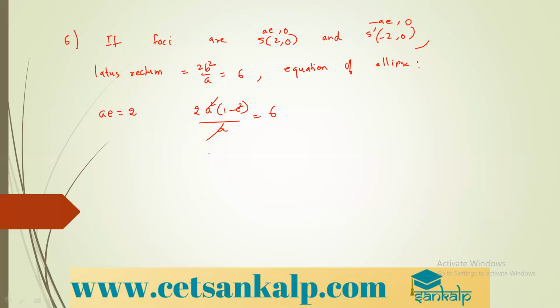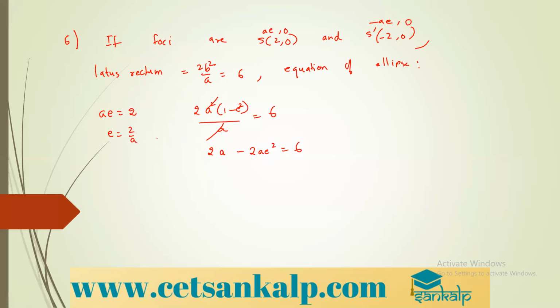Anything I can find for these two? So how will I find? 2A minus 2AE square equal to 6. What can I write for E?